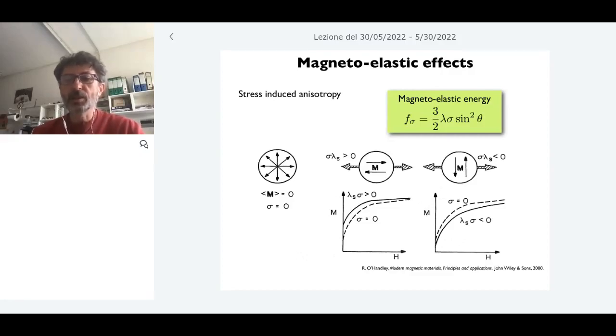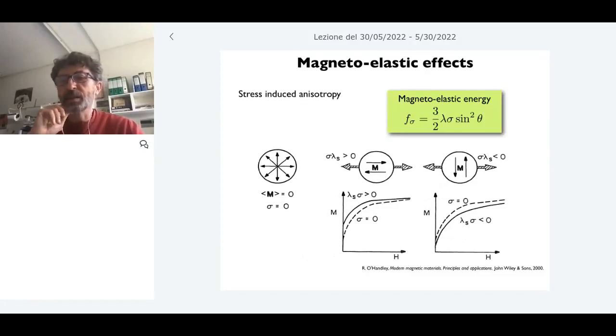If the magnetostriction is positive, it means that tensile stresses generate a magnetic easy axis in the same direction as the stress. But if magnetostriction is positive, a compressive stress generates the opposite.